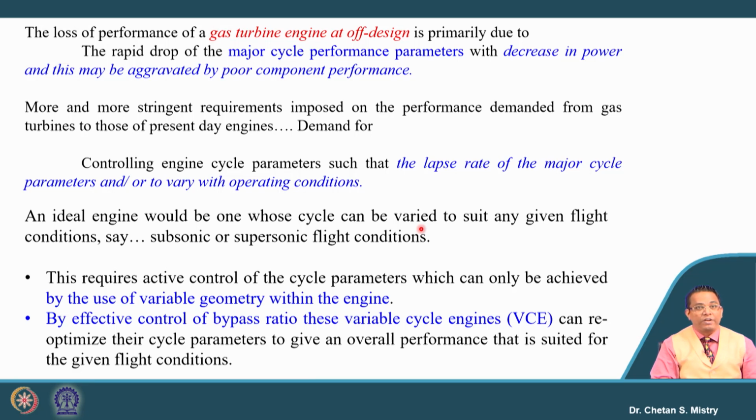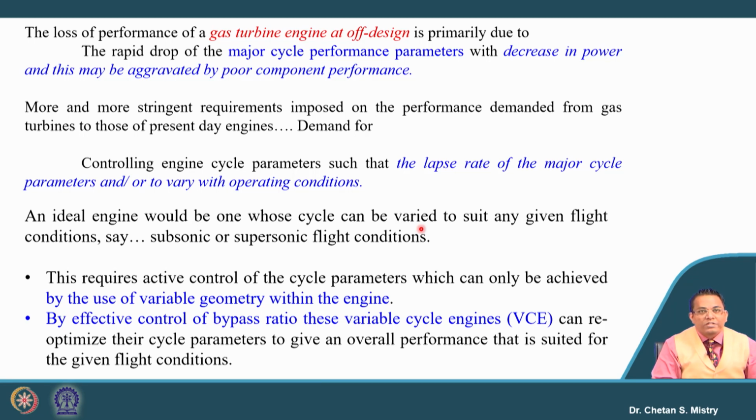Is it possible? Let's look at a special kind of configuration where we want to operate our aircraft in both subsonic and supersonic flight conditions. So we will be moving with active control of the cycle parameters, which can be achieved as per the requirement.